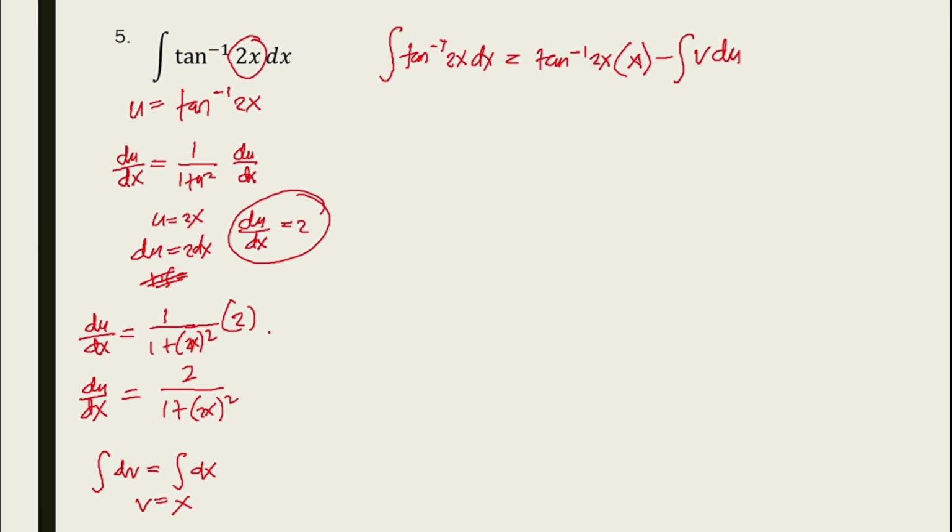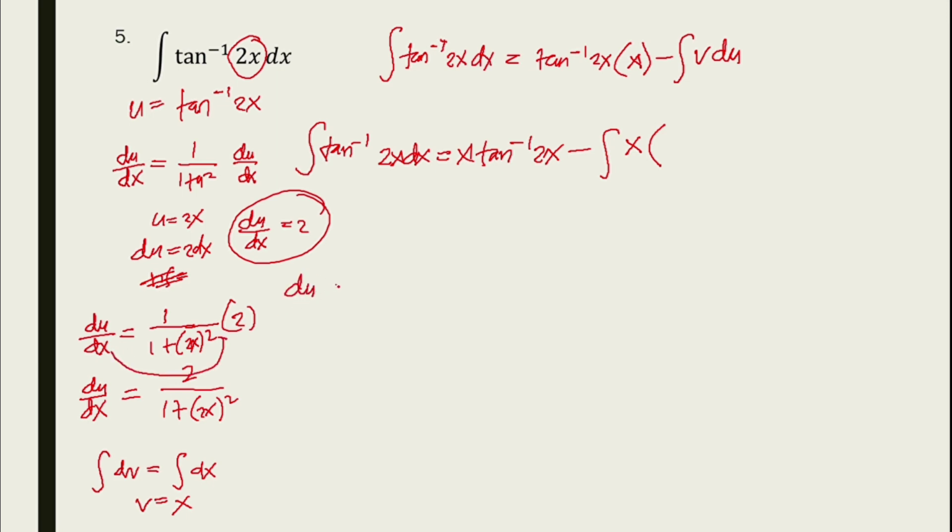Okay, v du. So we have here the integral of inverse tangent of 2x dx is equal to x inverse tangent of 2x minus the integral of, what is our v? v is x, and our du here is equal to, we can transpose this part, it becomes du is equal to 1 over 1 plus 4x squared times 2 dx.